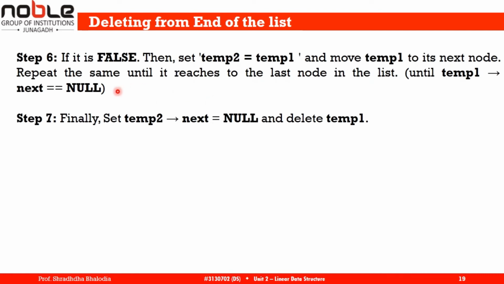Finally, when we reach the last node which we want to delete, then set temporary 2 next equal to null and delete temporary 1. So this is how we can delete the last element from the list and set another last element, and the next part of that element is null. So this is deleting from the end of the list.